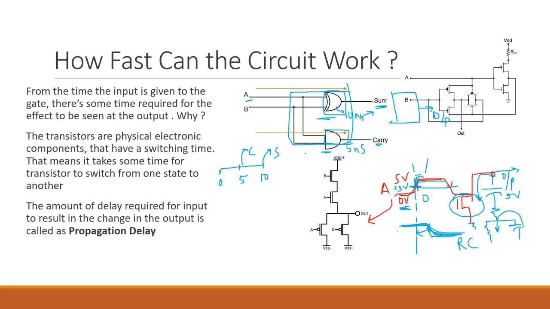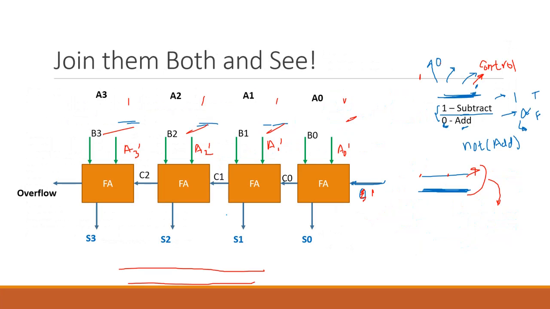Okay, now that is clear, and previously we had seen this full adder for a 4-bit full adder. So is there a way in which we can improve it? If you see here, the inputs come over here, like A0, B0 come here, and then C0 goes out.